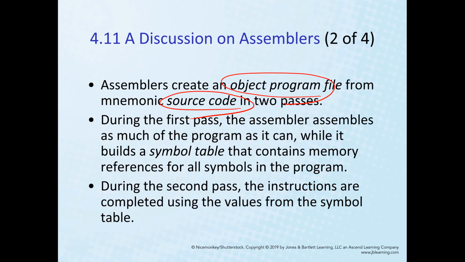The object program is the output of the assembler, which is a bunch of zeros and ones. But how does the assembler convert the source code to object code? It uses a symbol table to do this conversion. Okay, let's take a look together and see how it works.